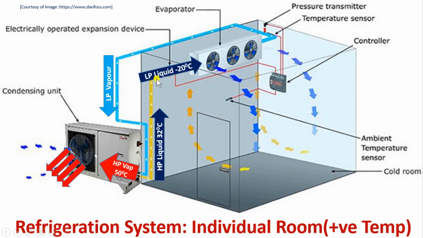In the expansion valve, it is converted to low pressure liquid and having negative temperature. This cold refrigerant passes through the cooling coil and comes across the air in the room. So air is cooled, which is passed to the room at 4 to 5 degrees Celsius temperature.